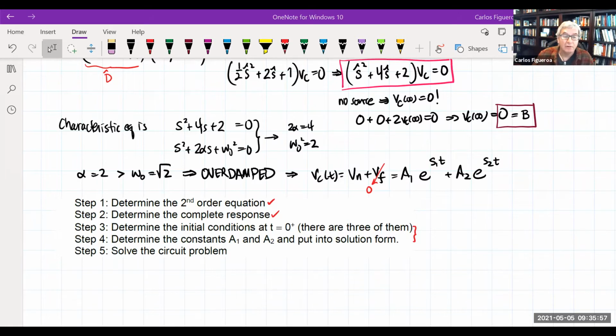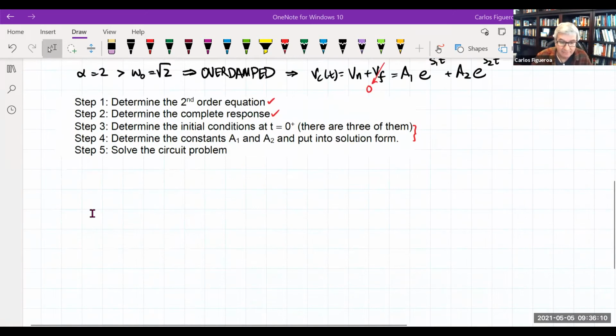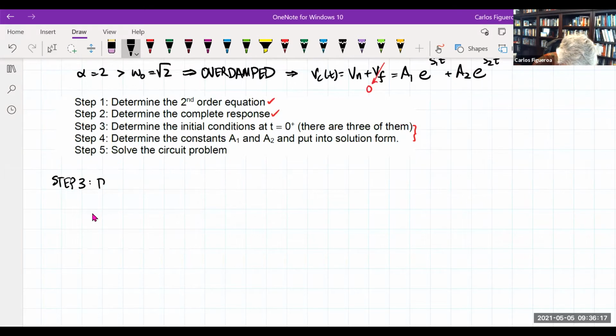Okay, so now let's go do this. This can be a really tricky step here. Why can it be a tricky step? The algebra can get really intense. So here we go. We're on step 3. Here we need to determine the initial conditions.